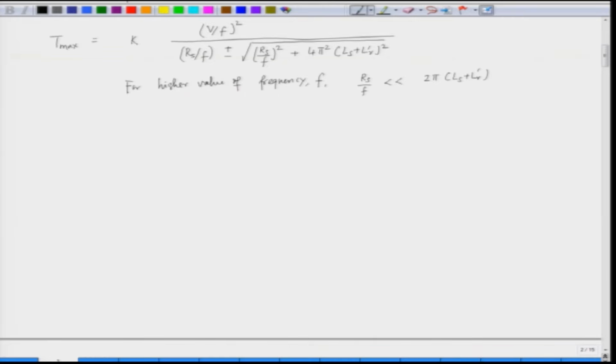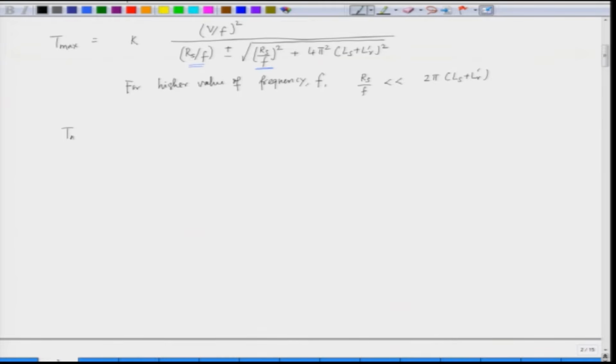So, in the denominator we can ignore these terms. We can in fact ignore this term because f is a large value, resistance is usually small because of the copper winding. So, what we get finally by ignoring R s by f, we get the following equation.